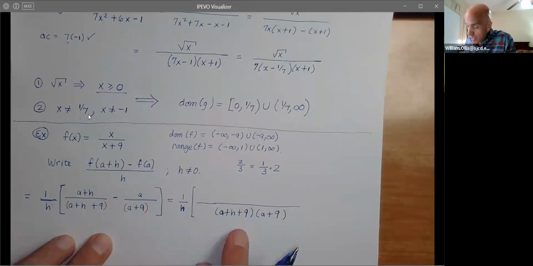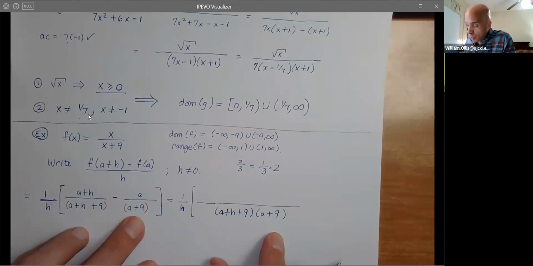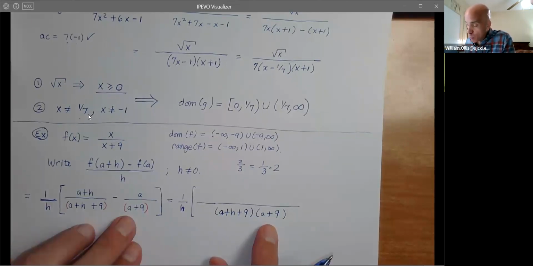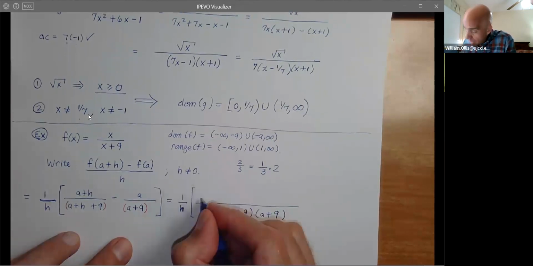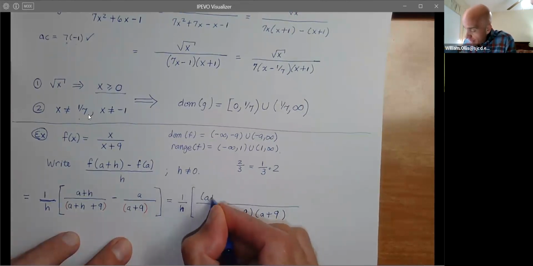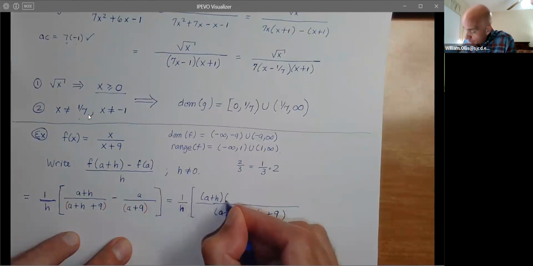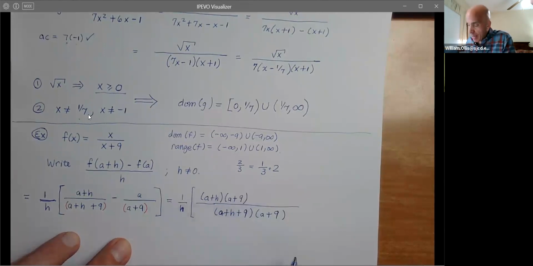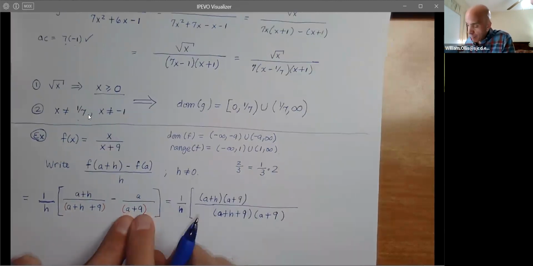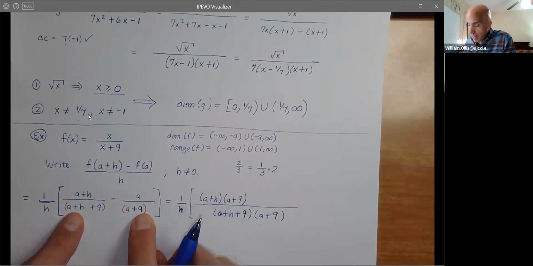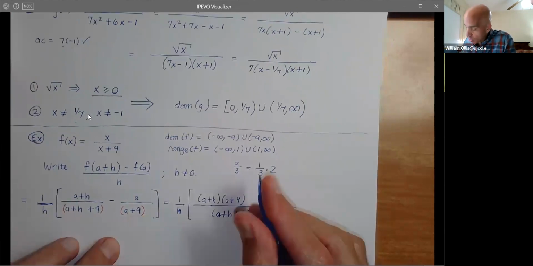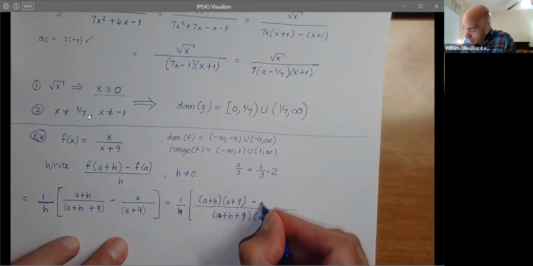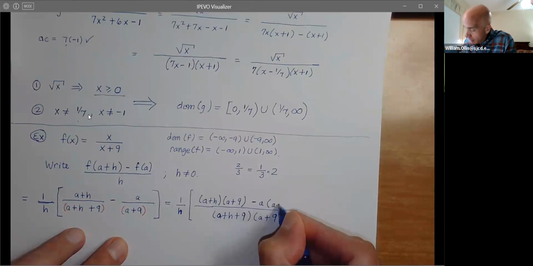Now notice, when we look at this, we have an A plus 9 here that we don't have here. So we've got to multiply the A plus H times the A plus 9. And then here, we have the A plus 9, but we don't have the A plus H plus 9. So we have minus A times A plus H plus 9.